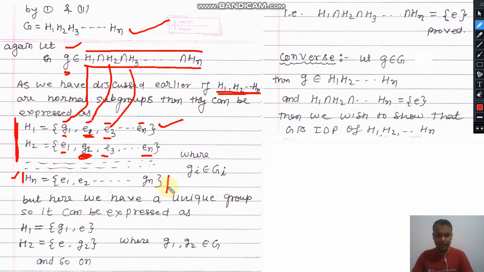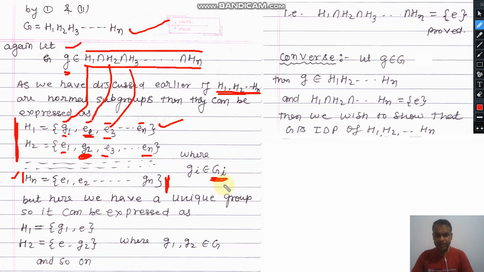where these elements g1 belongs to capital G1, g2 belongs to capital G2, g3 belongs to capital G3, and so on. But in this problem we don't have multiple groups.